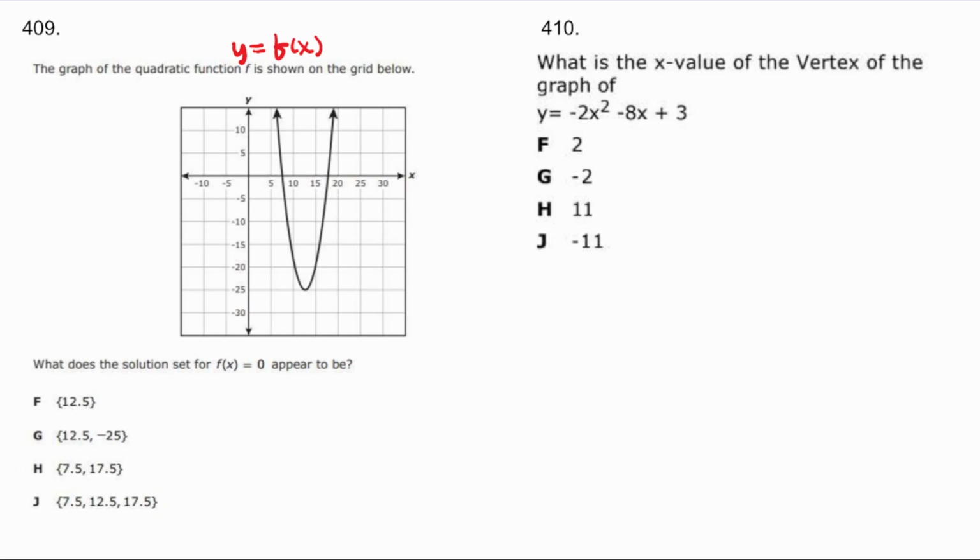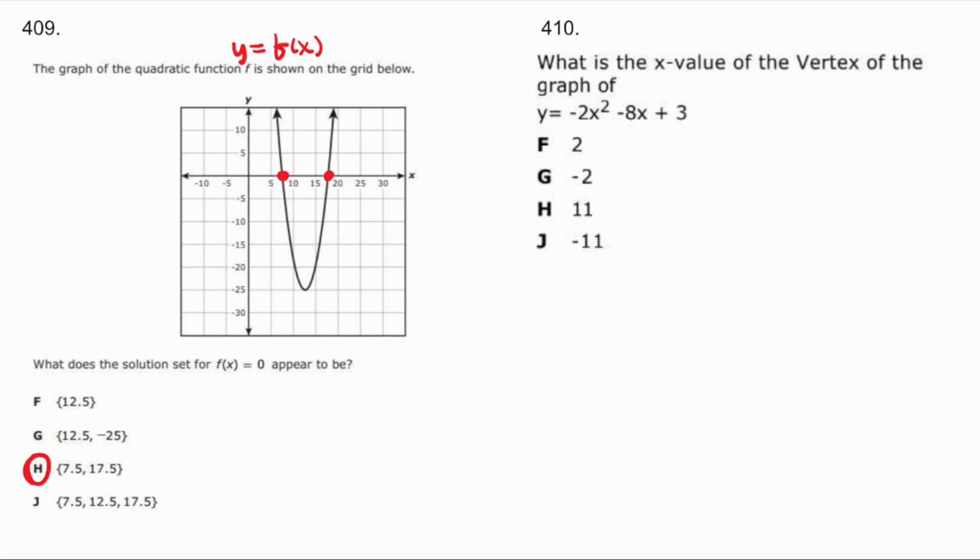So f of x equals 0 is where y equals 0, so that's these 2 points right here. And what do the x-coordinates appear to be? Halfway between 5 and 10, and halfway between 15 and 20. So that's going to be 7.5 and 17.5. So just like looking at it and solving it with our eyes, which has been a big theme in this course.